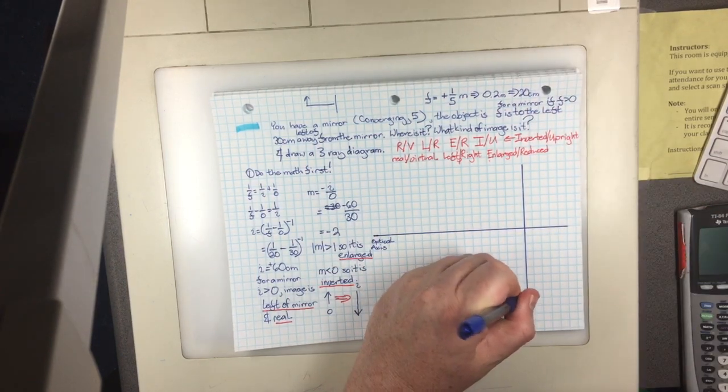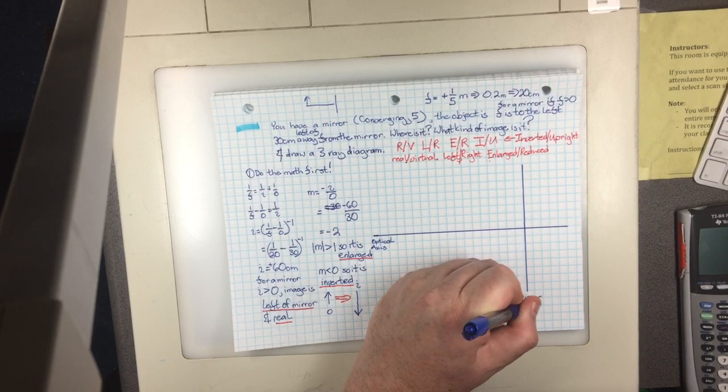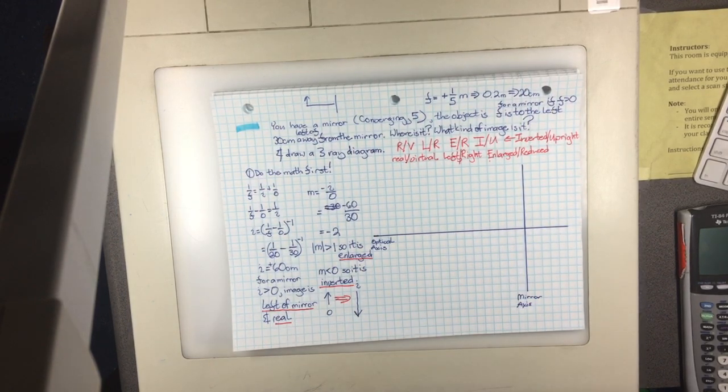And then I draw this, the mirror axis. Now, when you do this on the test, I'm mainly interested in whether you were able to get close with drawing the image correctly.